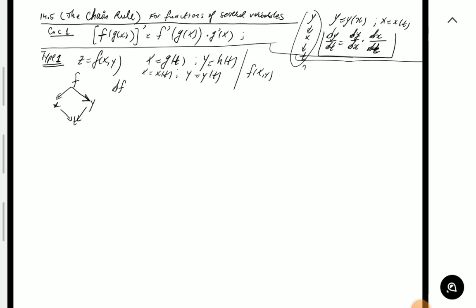So, f of x, y is a function of several variables, but if you replace x and y with their respective functions of t, with something in terms of t, you can think of this as a single variable function. And that's the reason why when I compute the derivative of f with respect to t, I'm going to use the differential notation here, df dt.